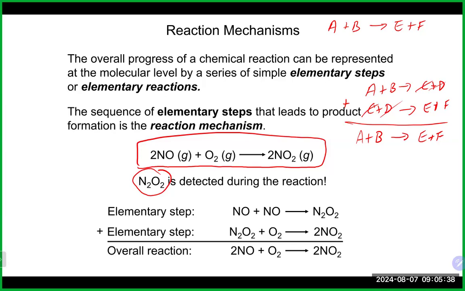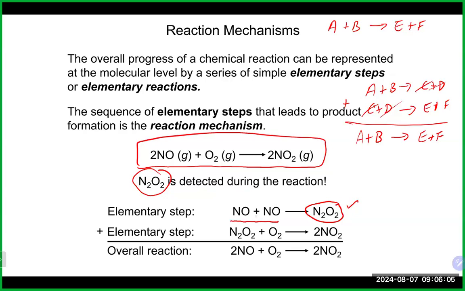So that would imply that this reaction does not occur in a one-step fashion going directly from reactants to products, as N2O2 is not present there. So this would imply that there are multiple steps for this to occur. One proposed mechanism is that a couple of the NOs make N2O2, which would account for why we do see it in the reaction.